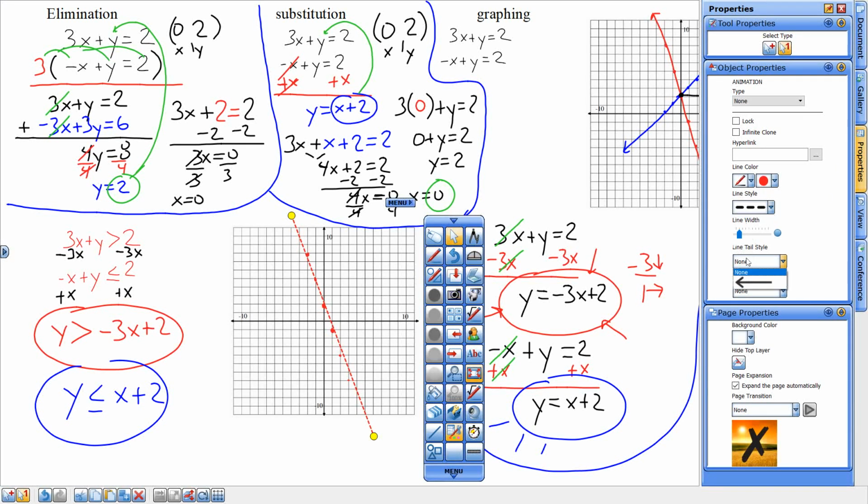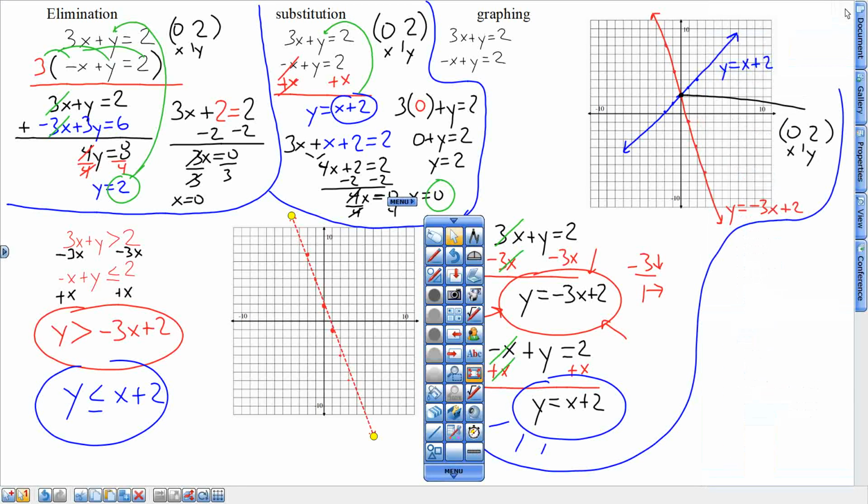Put arrows on either end. That one, because the inequality is more, is above. So you're going to shade above that line. More is above the line, no matter how it's graphed.